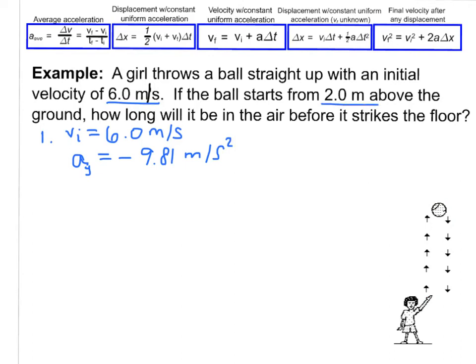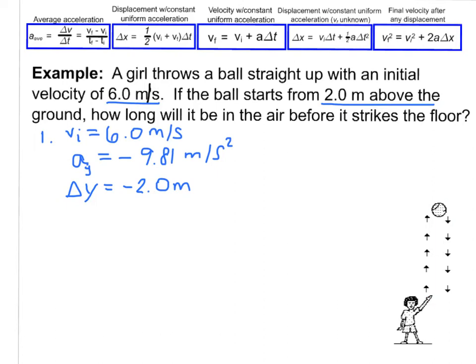We also know that the ball starts at 2 meters above the ground, and when this is all done, it will be on the ground. So our change in y, our displacement, will be a negative 2.0 meters because it will be 2 meters lower than where it started. So those are what we know.